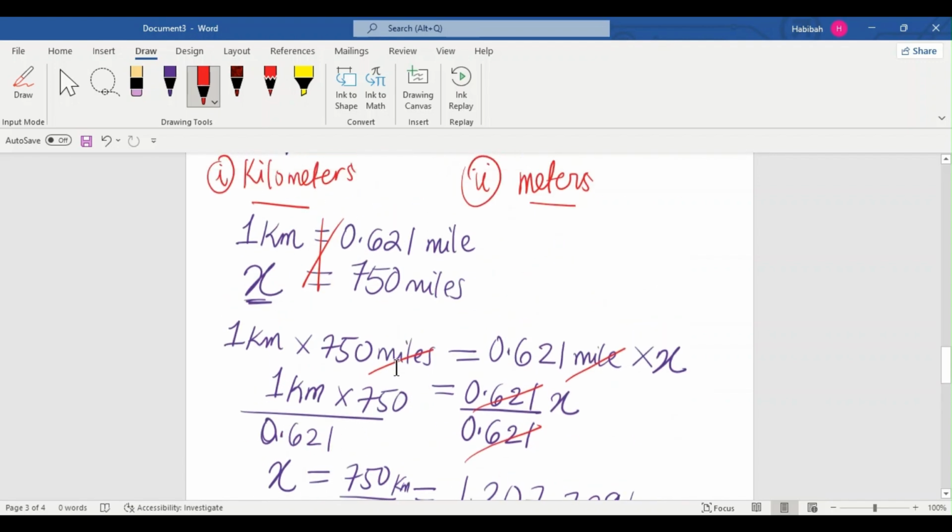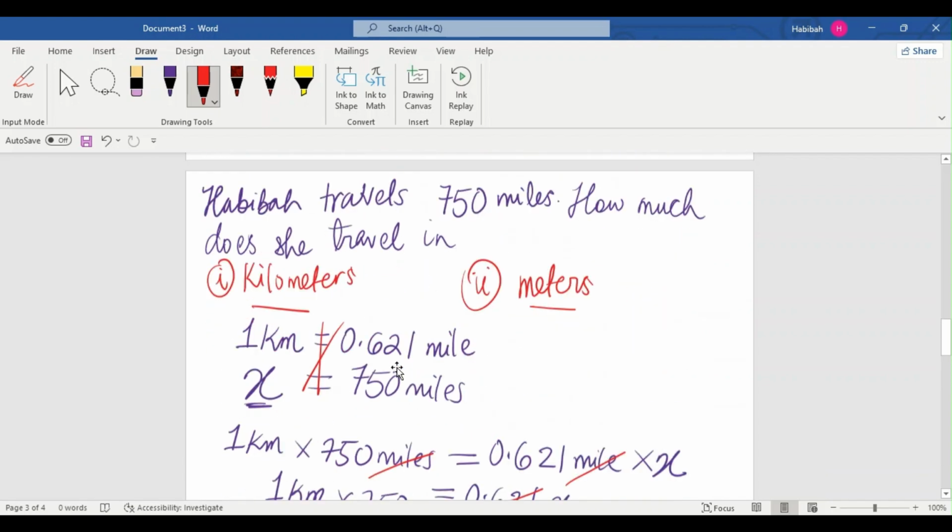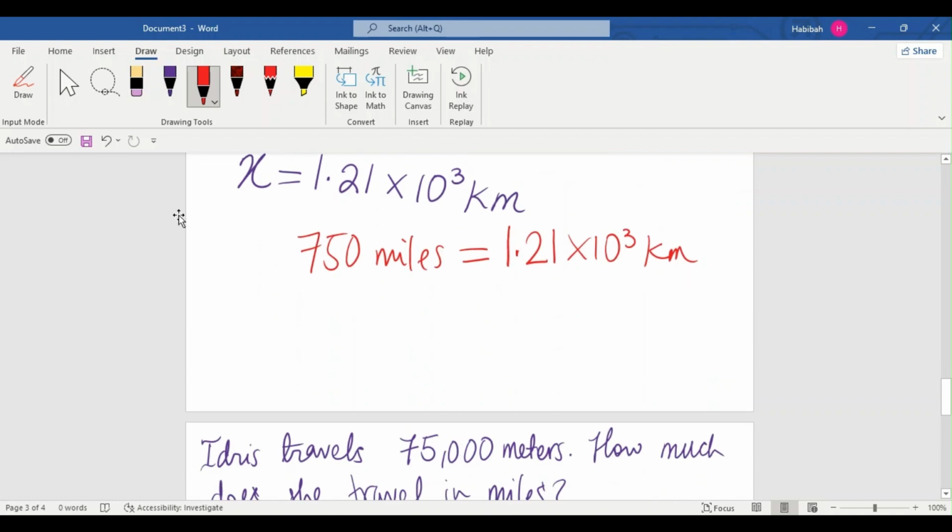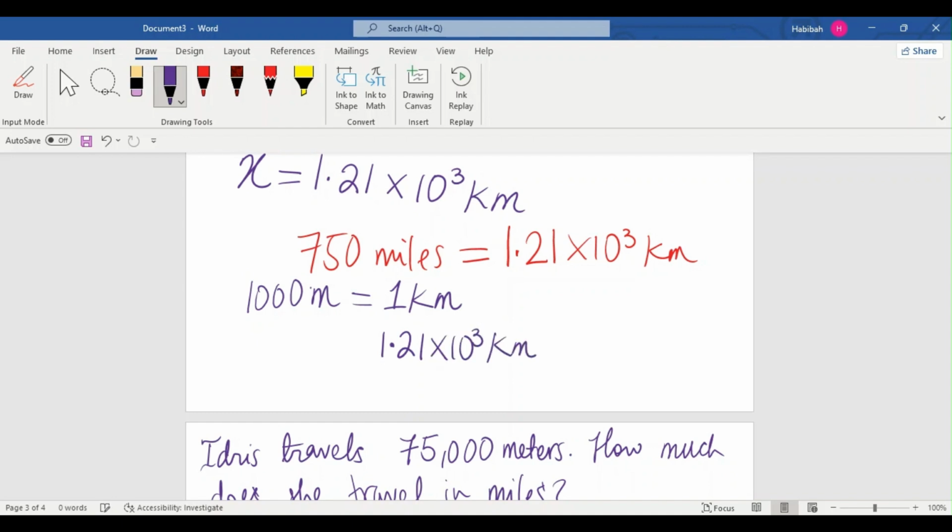Now we're also asked to go from miles to meters. Since we have our information in kilometers, we have to remember that 1000 meters is the same thing as 1 kilometer. So if I put 1.21 times 10 to the power of 3 kilometers on this side, just like I taught you, and we've used x, so let's use another unknown, let's say y.